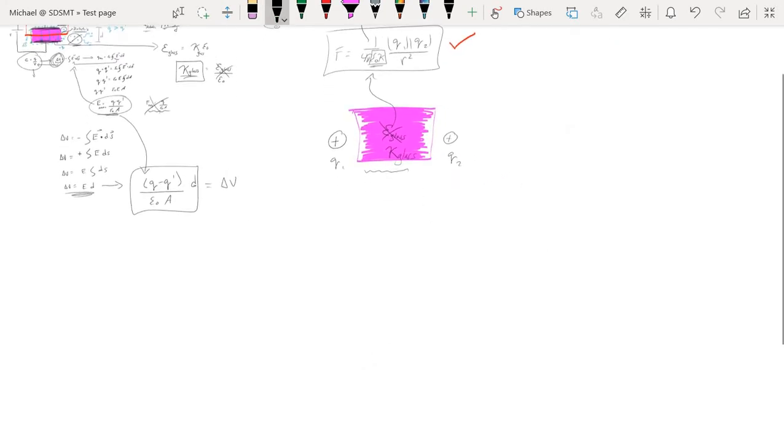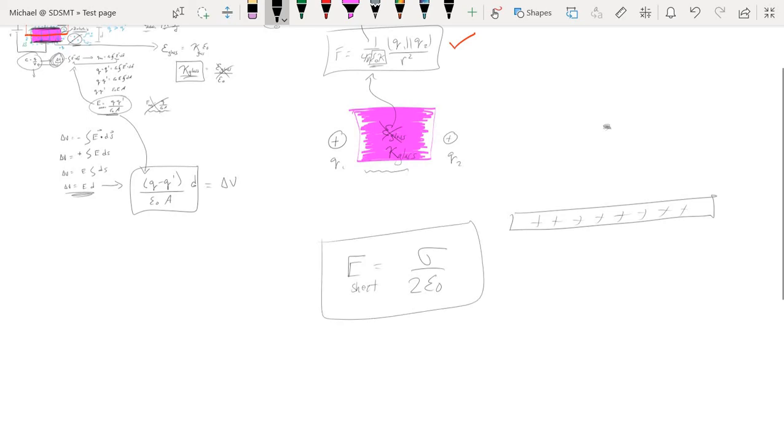So what are some of the other equations that were out there? I think we had the electric field of an infinite sheet, and that was sigma over 2 epsilon naught. Okay, so you have an infinitely large sheet of charge, and the electric field above it would be that. But that's only if there's nothing between the sheet and the point in space where you're trying to measure things.